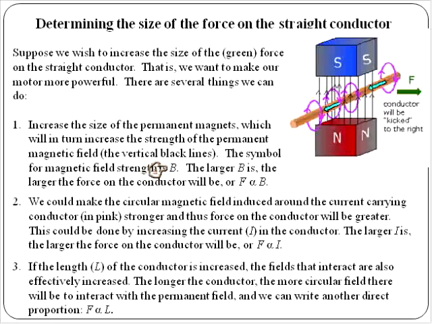Anyway, we could also make the circular magnetic field in the current carrying conductor stronger as well by putting more current through. So in other words, the force on the conductor is proportional to the current. So it's proportional to the field strength of the magnets. It's also proportional to the current.